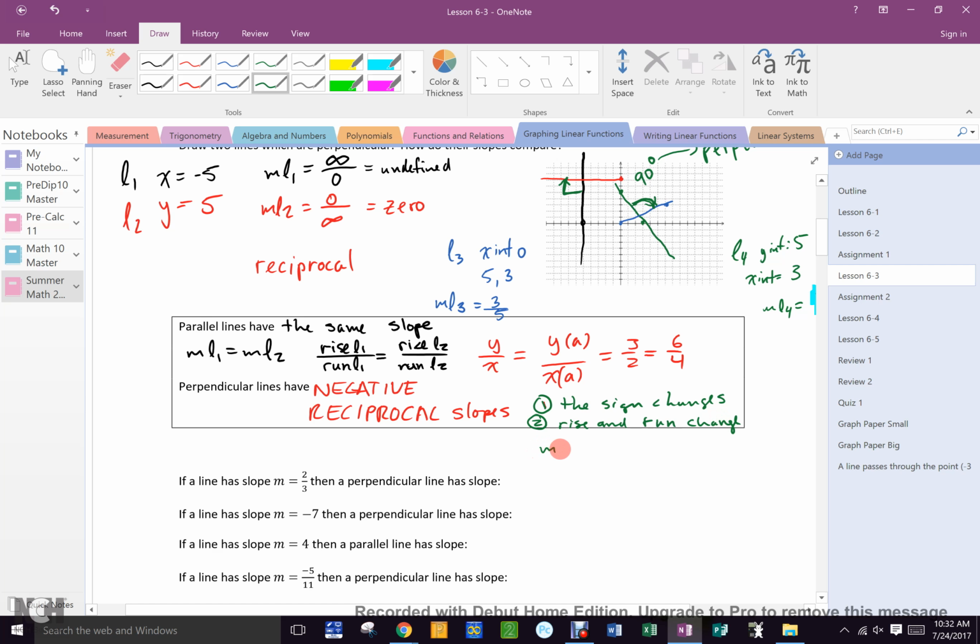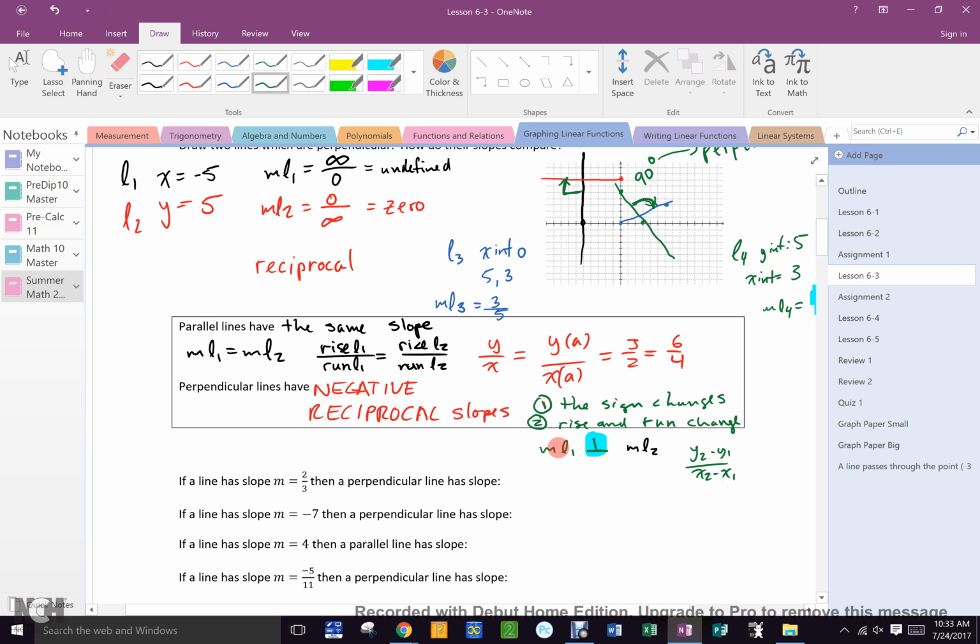So, the m of line 1 is perpendicular, that's what this symbol means, to the m of line 2 if it looks like this. Line 1 is y2 minus y1 over x2 minus x1.